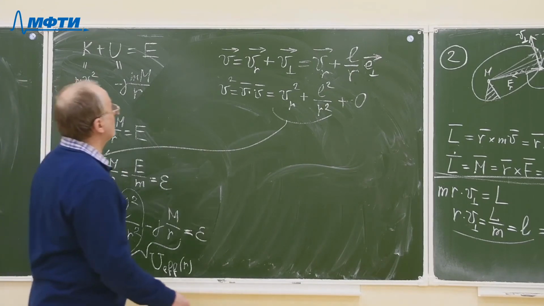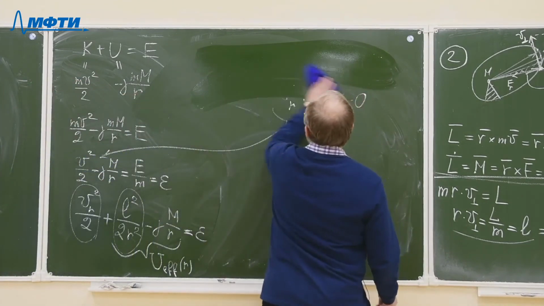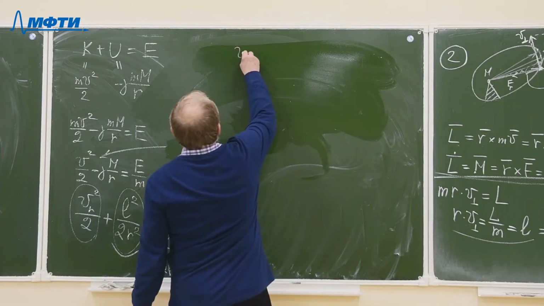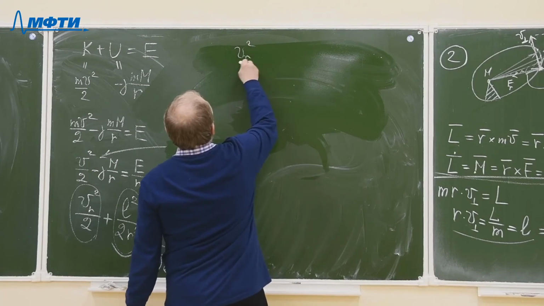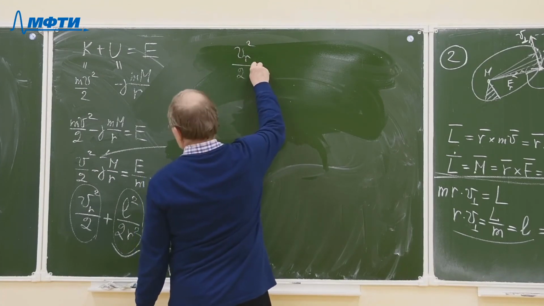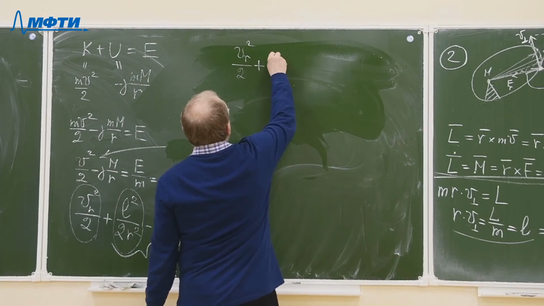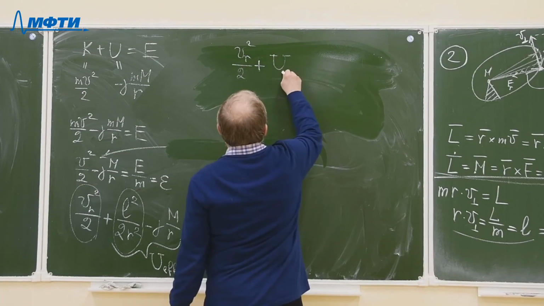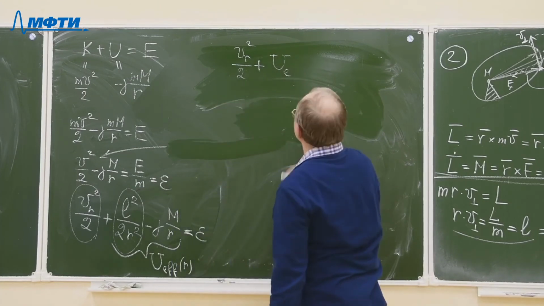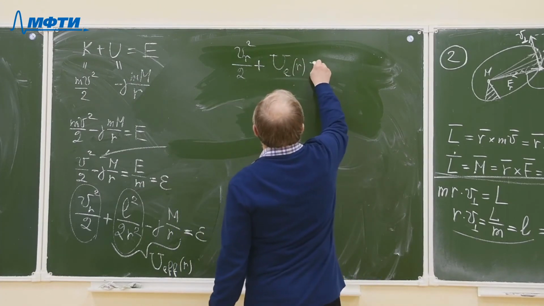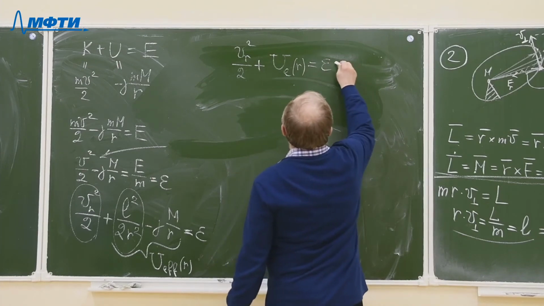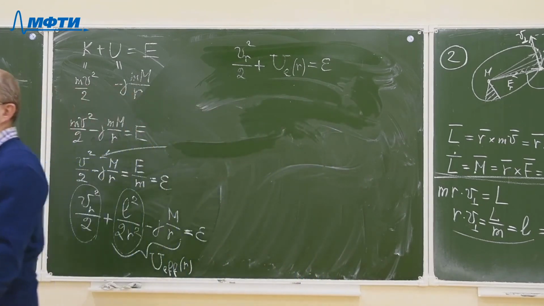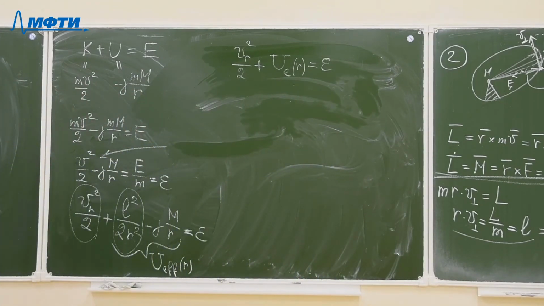So the equation can be written as the radial component of velocity squared over 2 plus the effective potential energy as a function of distance r equal some constant quantity, which is the energy of the planet, total energy per unit mass.